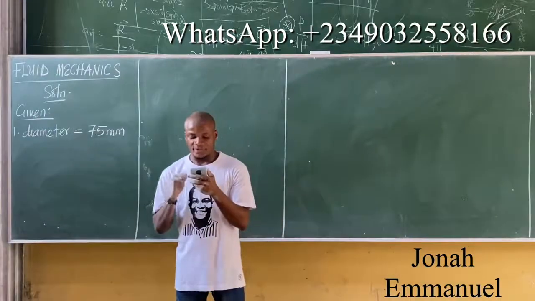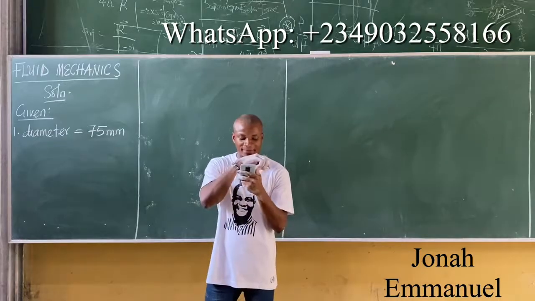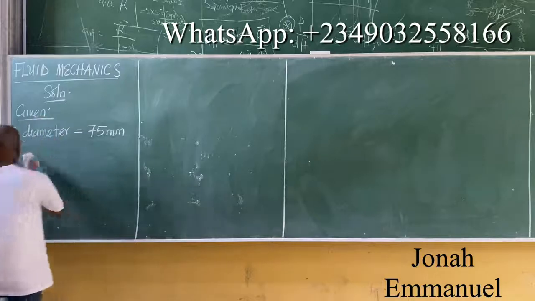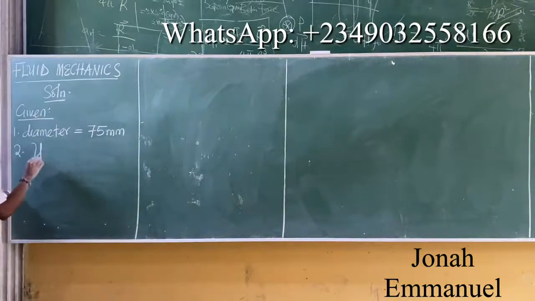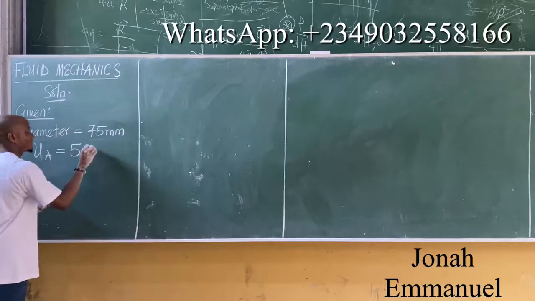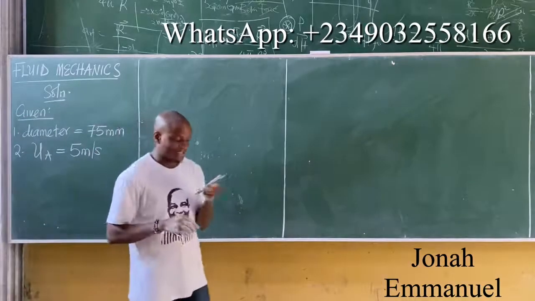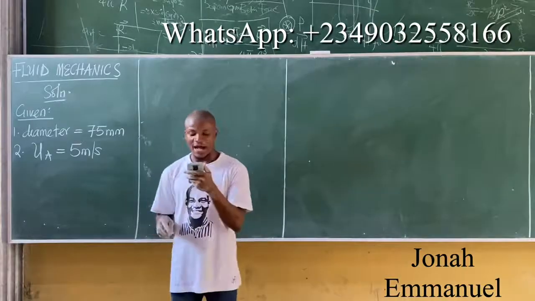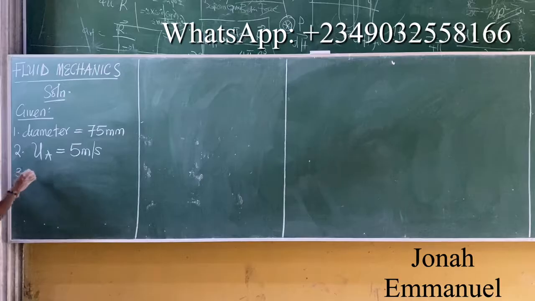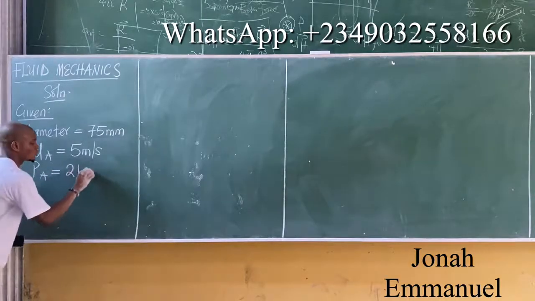Alright, next up it says at point A, what velocity? 5 meters per second. Number 2, I'm given velocity at point A as being equal to 5 meters per second. And what's next there? The pressure at point A is 2 bar. Number 3, pressure at point A is equal to 2 bar.